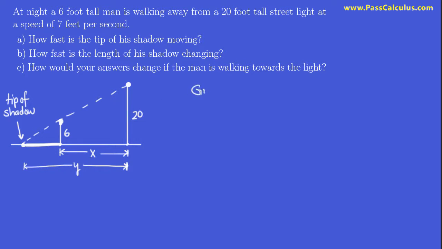Now, I think we should think about what we're given and what we want in this question. The given information is that he's moving at a speed of 7 feet per second. So the man's feet are moving away from the base of the lamppost at a rate of 7 feet per second. So that means dx/dt is equal to positive 7.